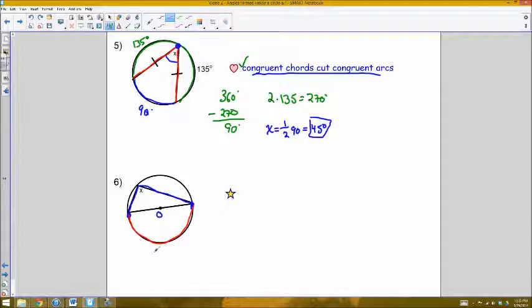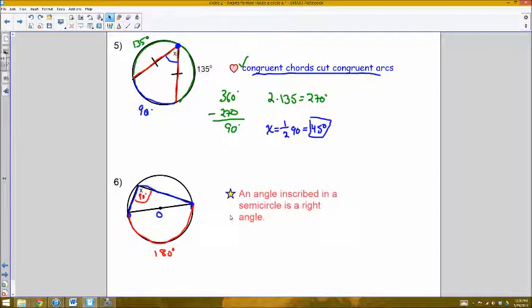And a semicircle, or half a circle, is a 180-degree arc. Well, that would mean that x would be half of that 180, which is 90 degrees. And recall that 90 degrees is a right angle. That means that anytime I have an angle inscribed within a semicircle, it's going to have to be a right angle. Now that's another theorem that we can use to help us more quickly solve circle examples in the future.